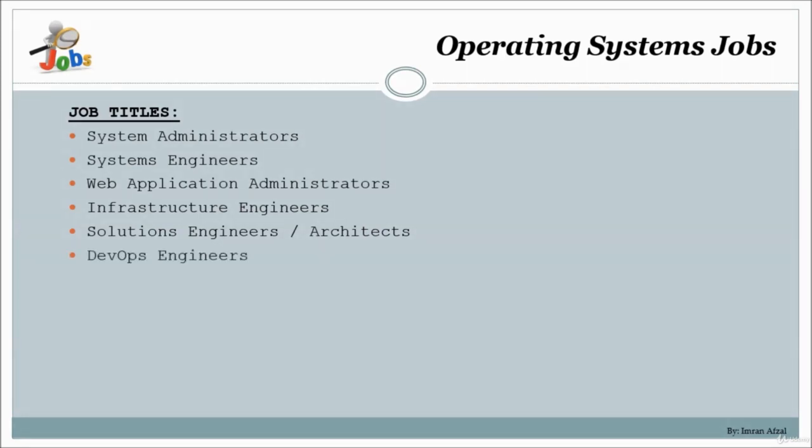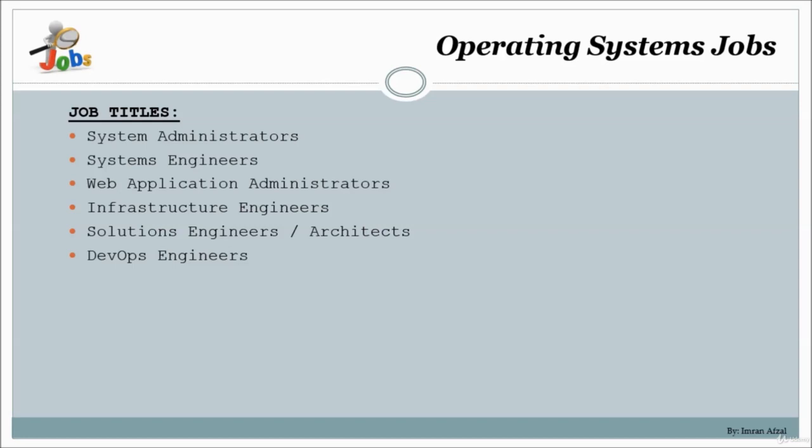DevOps engineers. Now, DevOps engineer is a title or role that has been recently created, I should say not more than 2 to 5 years ago. This is a combination of people who work with the operating system, as well as who are very fluent in programming languages.